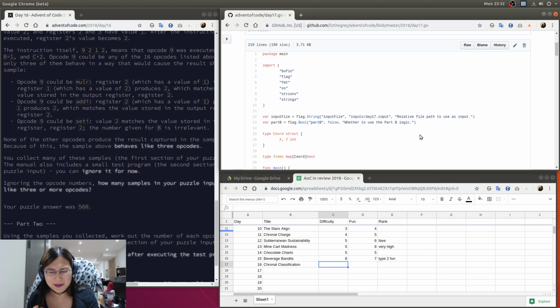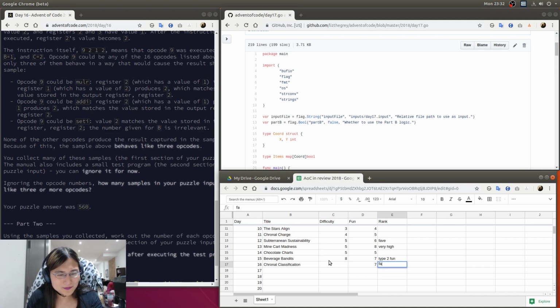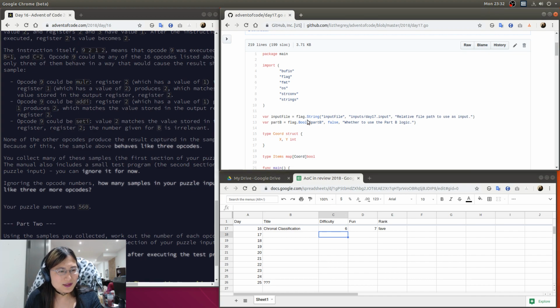Eliminating one down to one possibility would cause another one to be eliminated down to one possibility, and so on and so on. So, I thought this was definitely quite fun. It was certainly modestly difficult, because you had to write every single operation, and you also had to write the virtual machine. So, that's what I thought about this one.